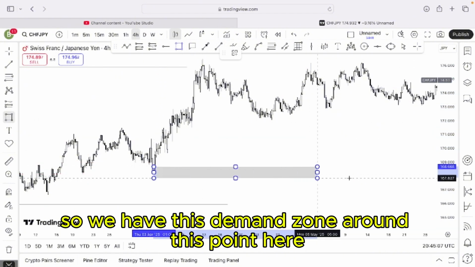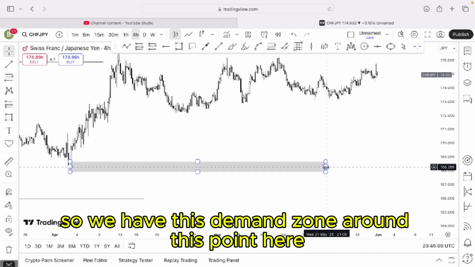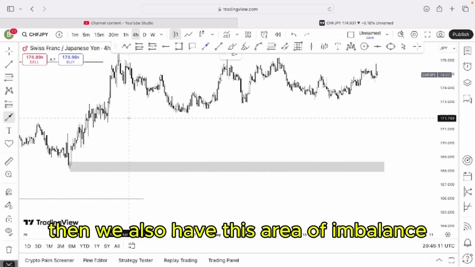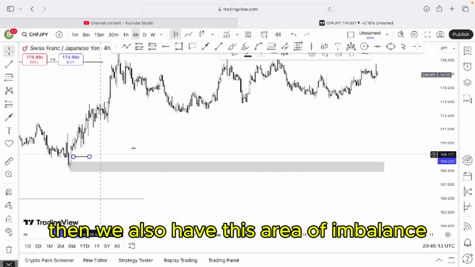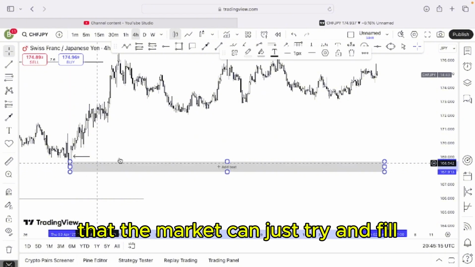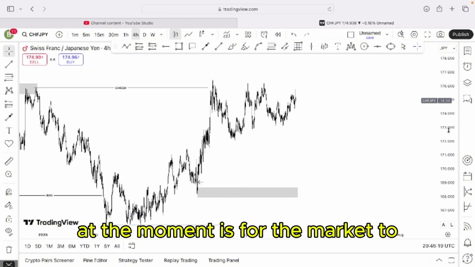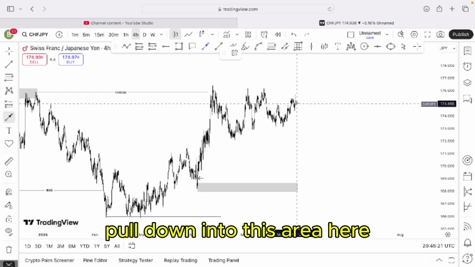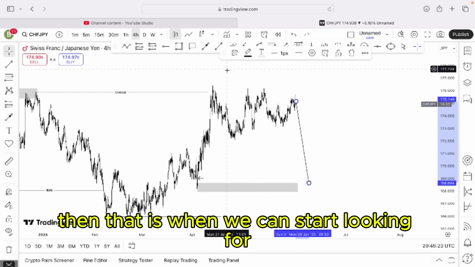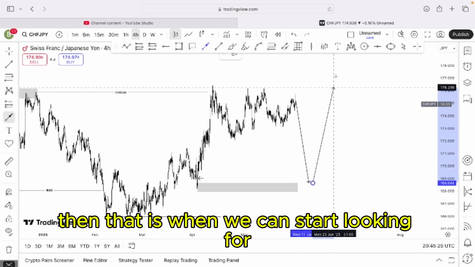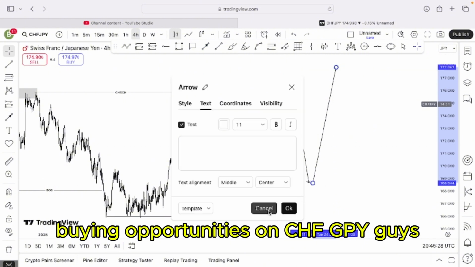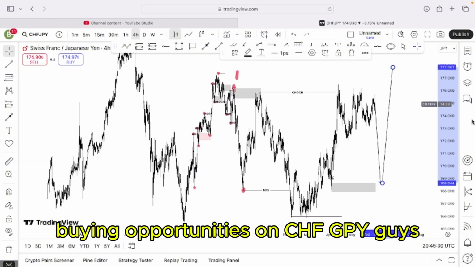So we have this demand zone around this point here. Then we also have this area of imbalance that the market can just try and fill. So what we are anticipating at the moment is for the market to pull down into this area here. Then that is when we can start looking for buying opportunities on CHF JPY, guys.